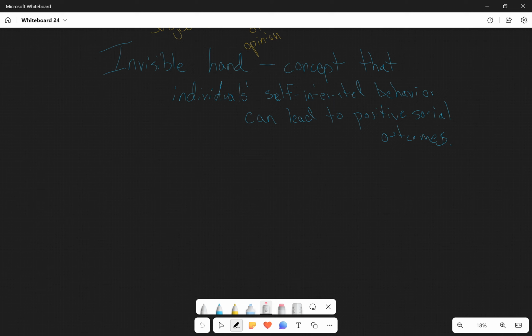So really the thing with the invisible hand is the notion that consumers are going to encourage businesses to offer goods and services that meet their needs. So they signal to the businesses what good or service they need or want.